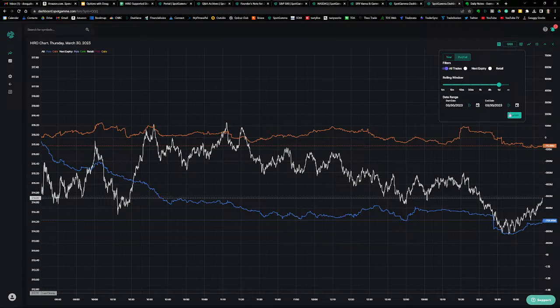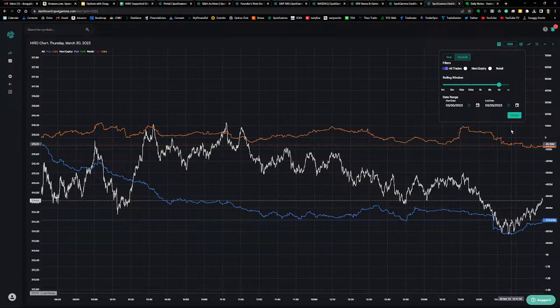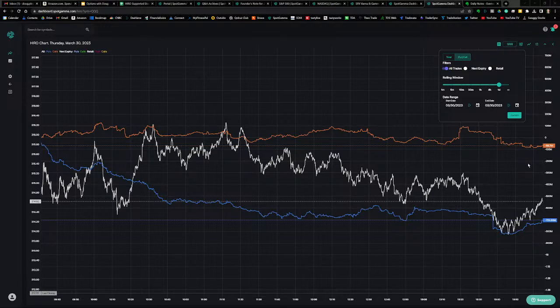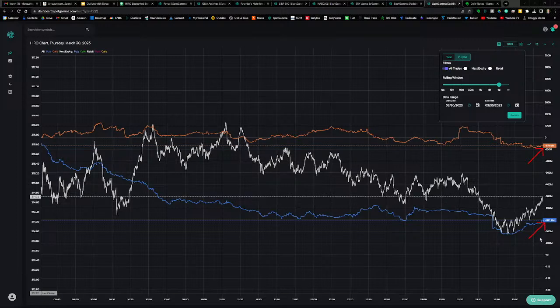And for QQQ, it's definitely put buyers driving price action. Look at this notional value here for calls, minus 68 million, versus minus 705 million for puts. So they're selling calls and buying puts, but definitely puts driving price action and setting up a short.